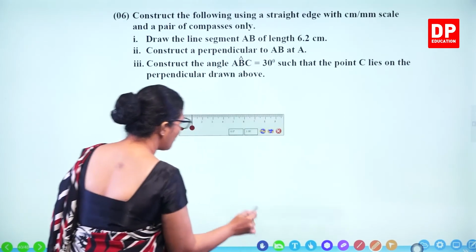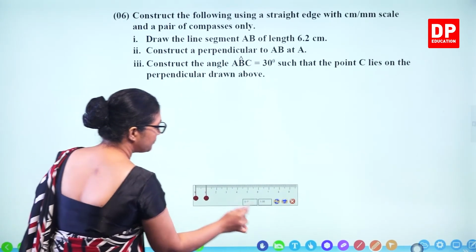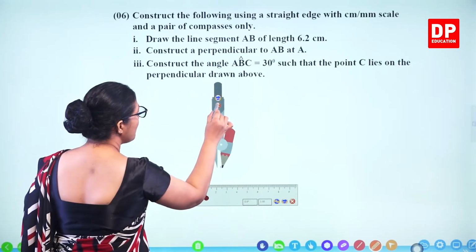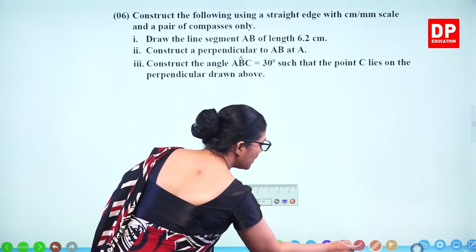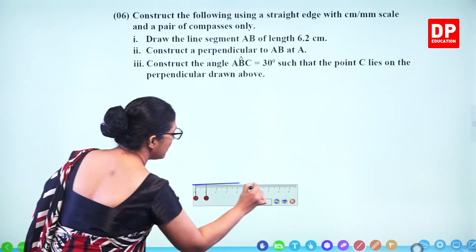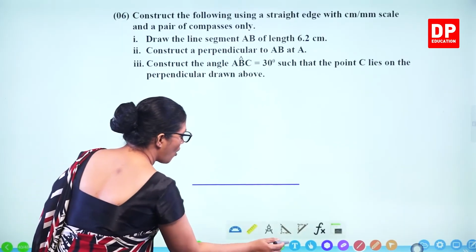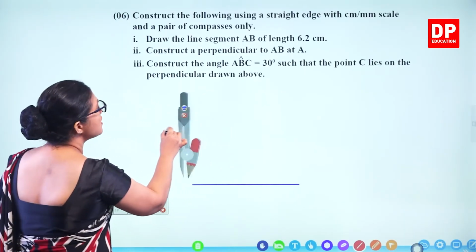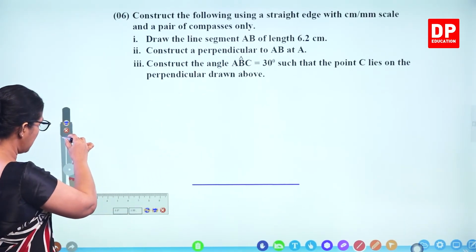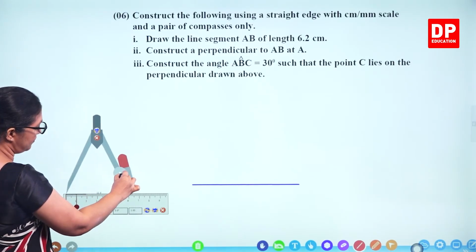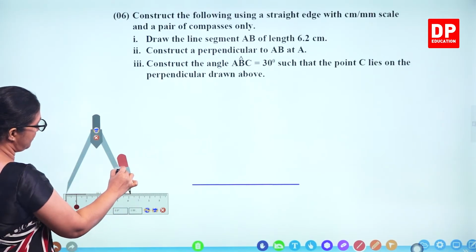So we can take a ruler and the compass. So first we'll draw the line and then take the compass to measure 6.2 centimeters and we mark it.